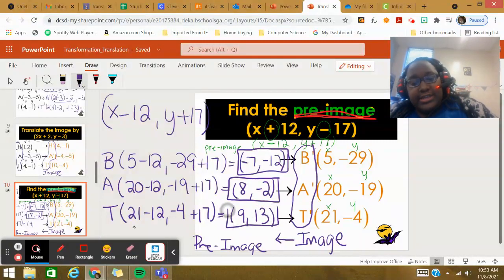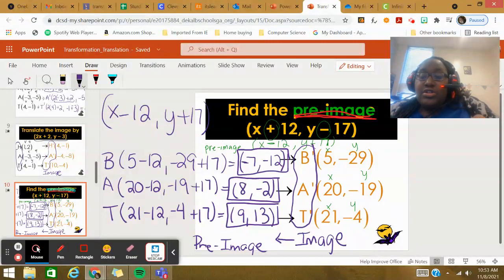So again, just to recap, I wanted you to underline or circle the word preimage. The reason why is because in the previous transformations or previous translations, we always started with the preimage and went to the image. In this case, we're starting with the image and we're going backwards to get our preimage, which is the original picture we started with.